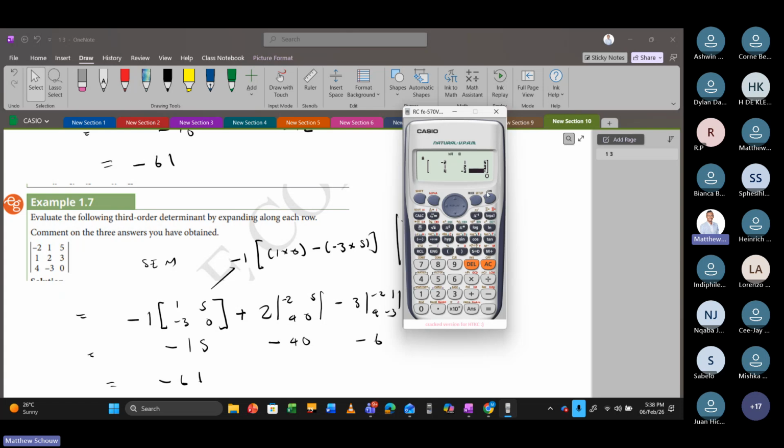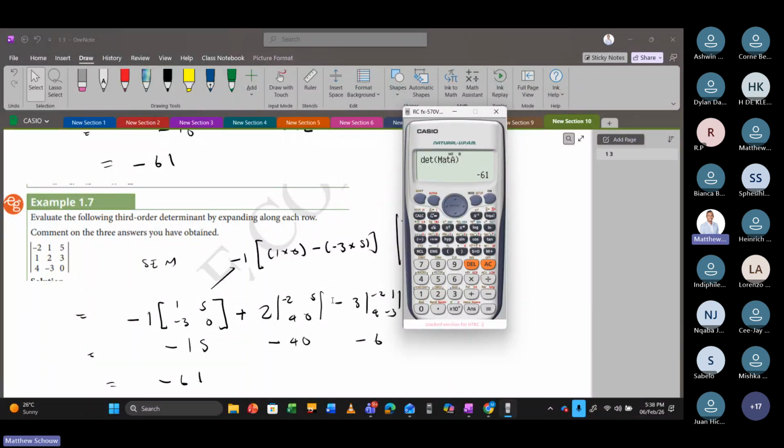Once that is done, I press on. I then go to shift matrix, choose number 7. I want to find the determinant of matrix A. I go shift matrix, choose matrix 3, and declare that matrix. I press equal, and my answer is 61. Peace of mind, right?